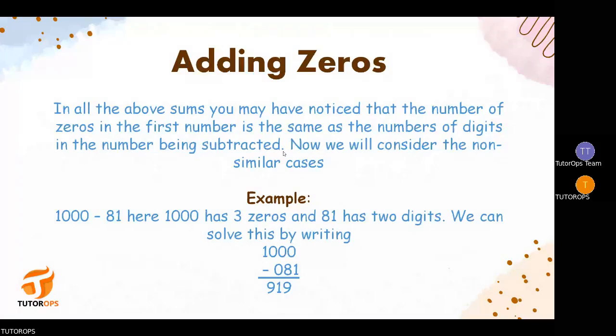So how can we convert a 2-digit integer to a 3-digit integer? We can't add 0 in the middle, because it will be 801. We can't add 0 at the end because it will be 810.